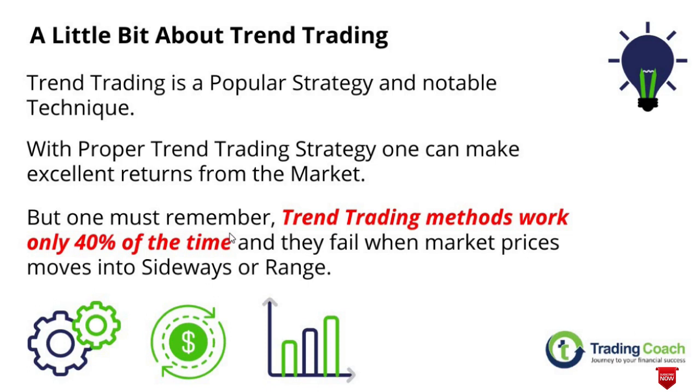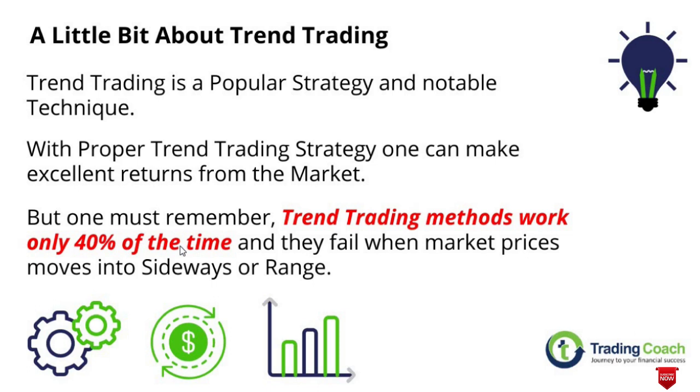But even if you're a good trend trader or if you're using some good trend trading methods, you need to keep in mind that trend trading methods work only 40% of the time and they fail nearly 60% of the time. The reason is whenever the market prices move sideways or into a range, most of the trend trading techniques do not work.